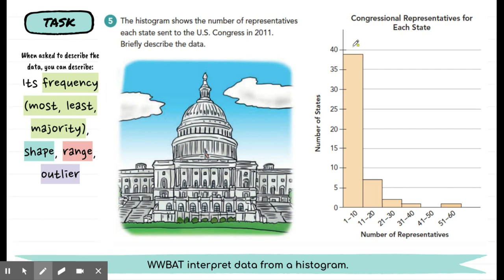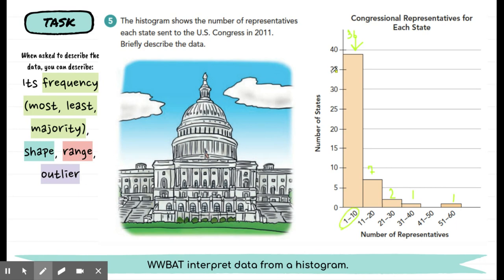I can already see that a lot of states, 36 states, sent 1 to 10 representatives. Only about 7 sent 11 to 20. Only about 2 sent 21 to 30. One state sent 31 to 40, and one state sent 51 to 60 representatives. So we can say that most of the states sent 1 to 10 representatives.